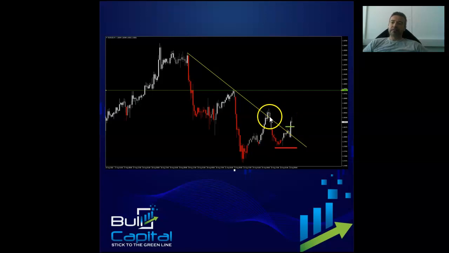Here we had what is called a false breakout. So this is a kind of trick to get you into a trade which will end up in loss. But if you followed what I said, you actually wouldn't enter here. You see, in this place we had a clear break. The candle before wasn't a break because the candle closed below this resistance line.